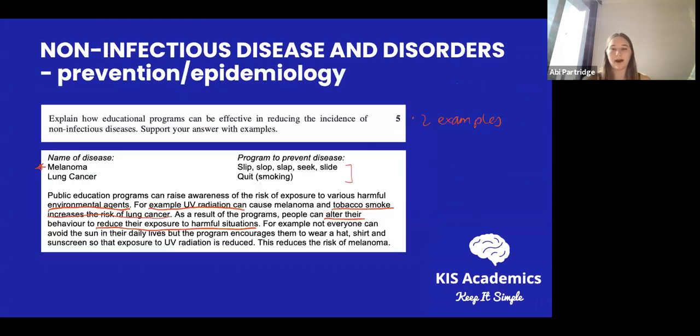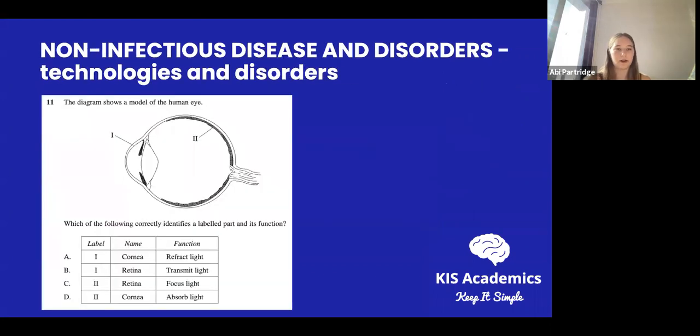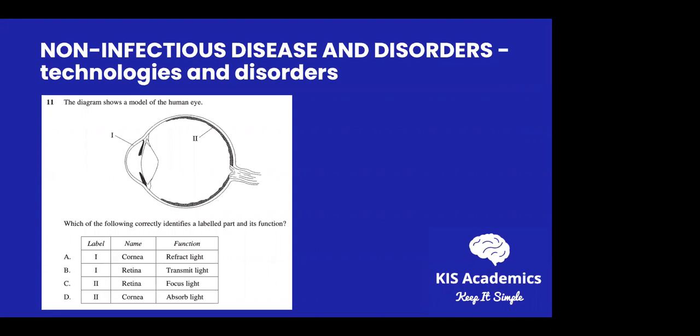There was a question back here, this multiple choice question. As you can see, it's question 11. It's not that far through the paper, so something like that should come relatively easy to you. So just knowing the function of different parts of the eye, and I'm not sure, did you say ear as well? No, but go off.